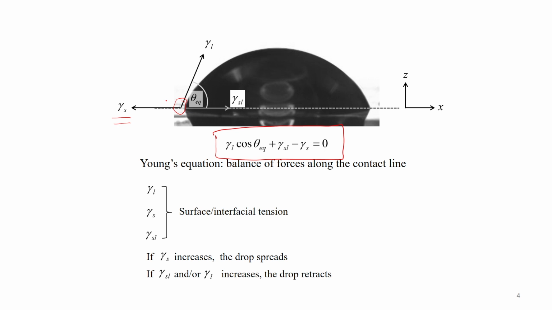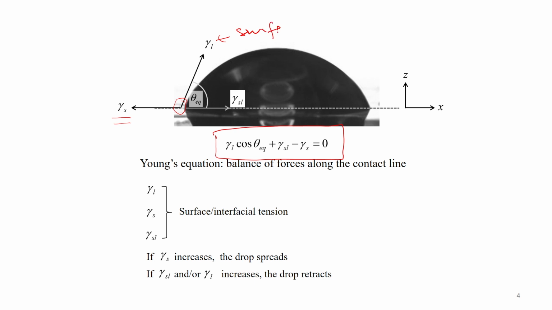Remember, all this time we have been talking about energy, and that is the Young's equation I derived. Now what I am saying is that this equation is a kind of force balance. So, this is the horizontal component of the gamma L surface energy. Now it is no longer surface energy, you call it surface tension.